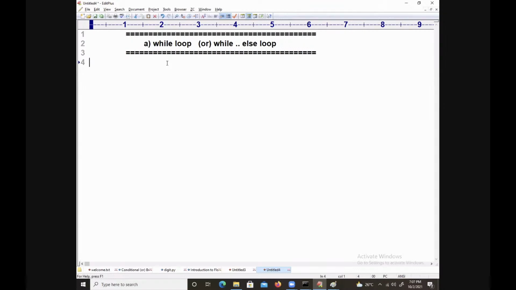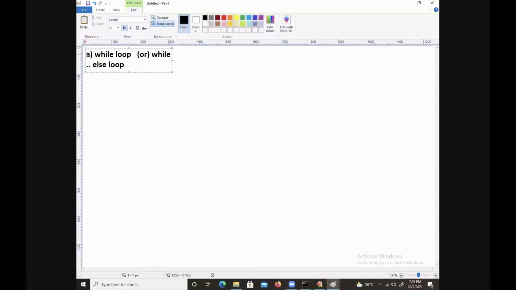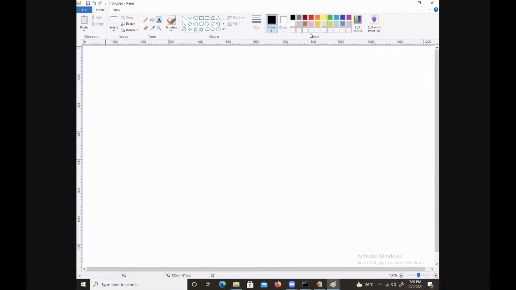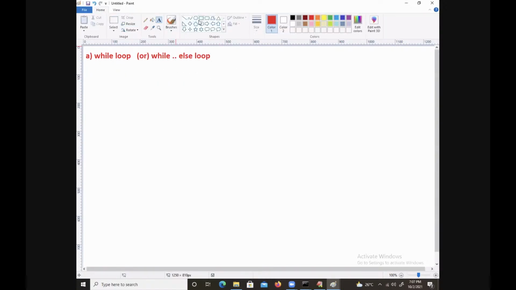Fine. So let us start with the while loop. Instead of painting a colorful diagram with a colorful explanation as I usually give, I feel explaining here itself is better. So let us start the while loop or while else explanation here.